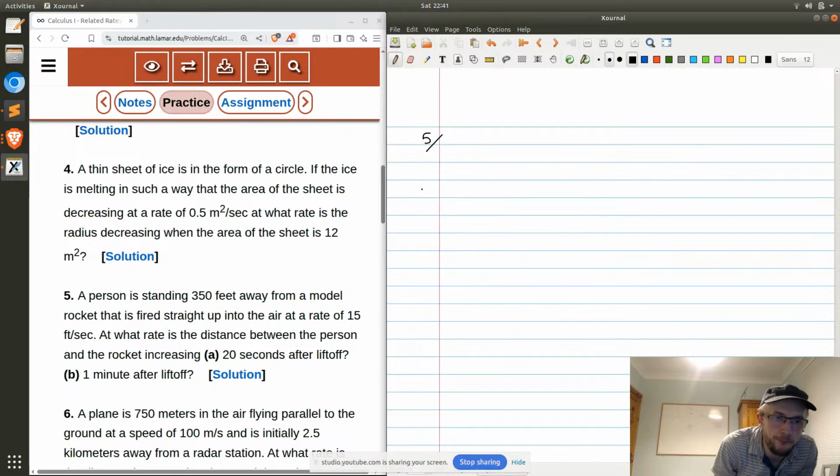So, mental picture. Person, rocket, and we have that, and well, like that.